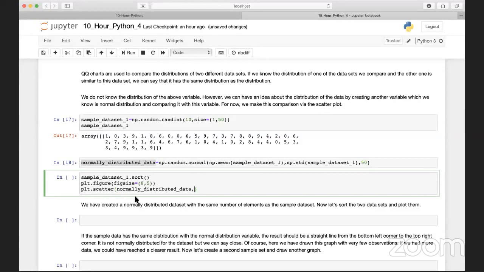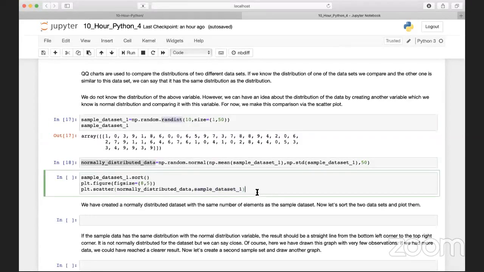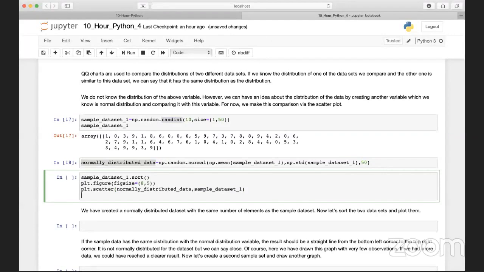That's why the benchmark distribution will be on the x-axis and my data will be on the y-axis. Sample data set 1. So this is my sample data that I generated from random integers. This is my scatter plot.